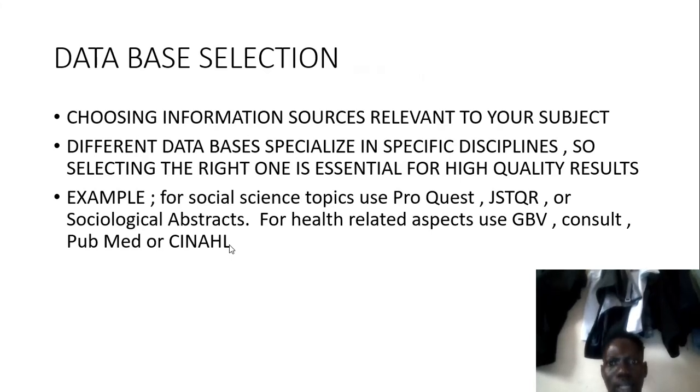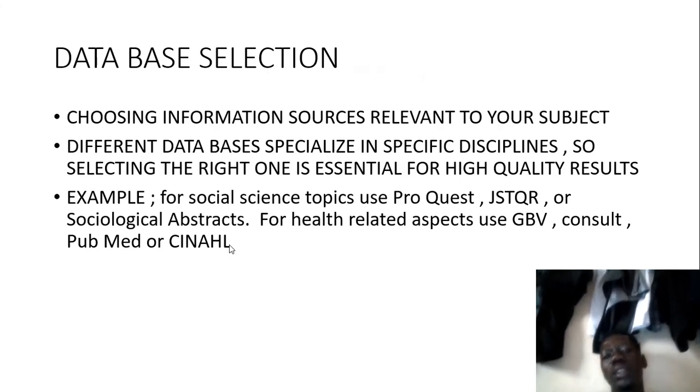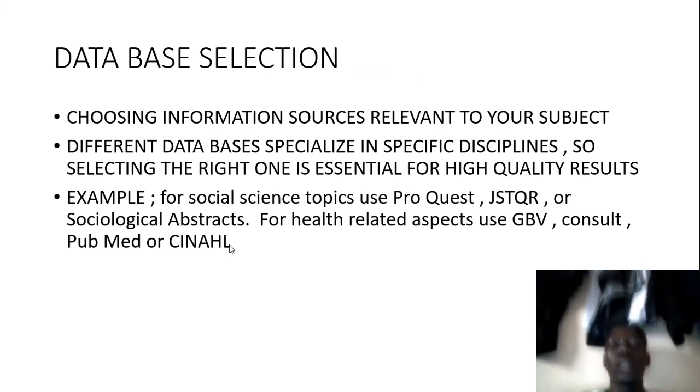So you have to select the exact one, the right one, so that you produce results that are top notch for whatever you're doing. An example I've set here is, let me say, for social science topics, we use ProQuest, JSTOR, or Sociological Abstracts. For health aspects, use Cochrane, PubMed, CINAHL.